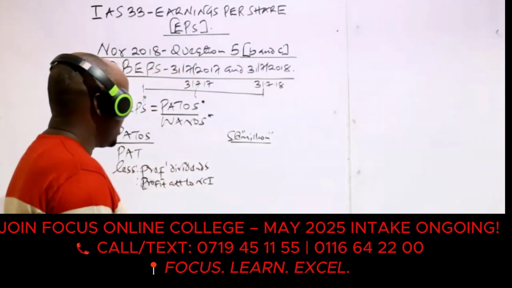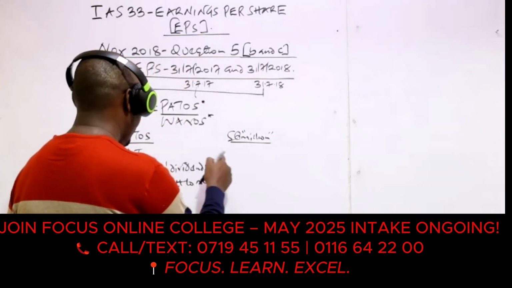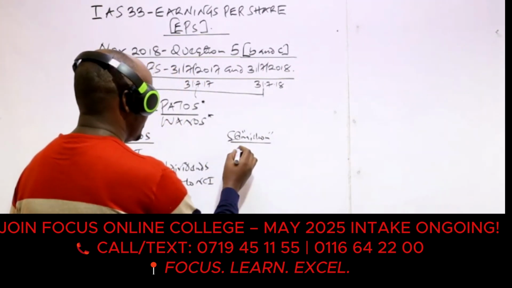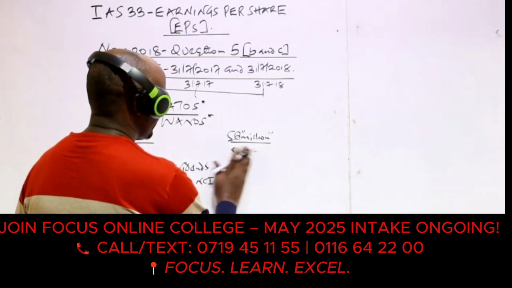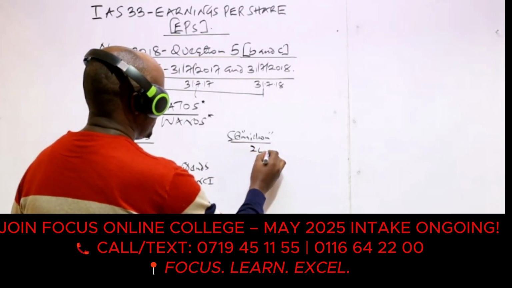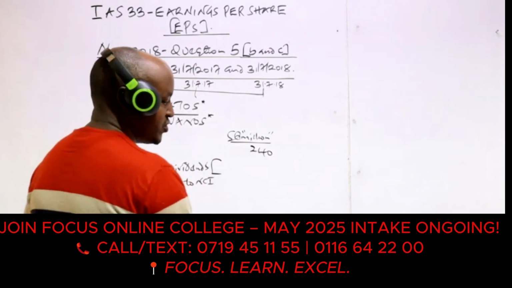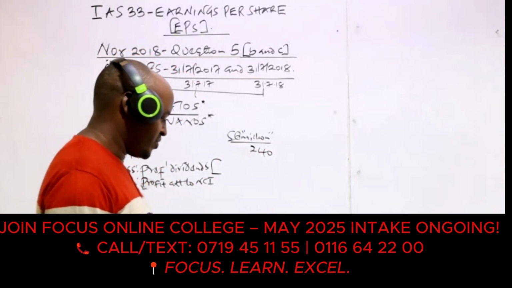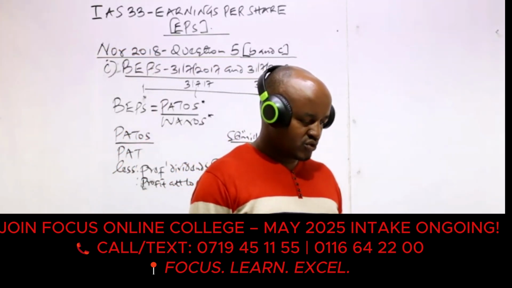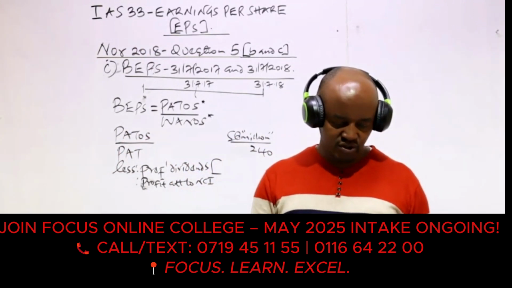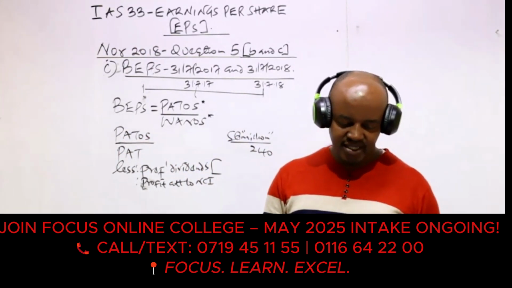So in 2017, we're given the profit after tax, which is 240 million. That figure is already given at paragraph 2. So to this, what do we need to do? Less the preference dividends. So how do we compute the preference dividends for this year? We use the information in the statement of financial position extract.